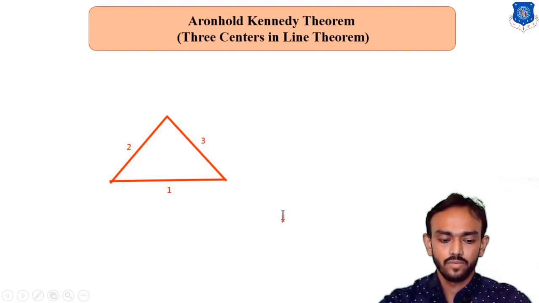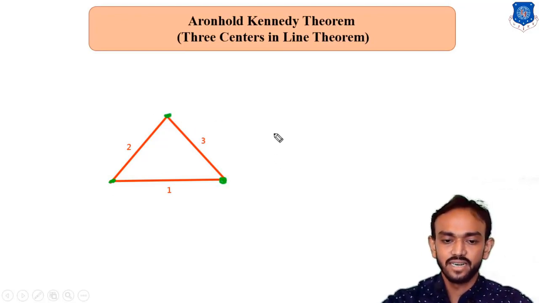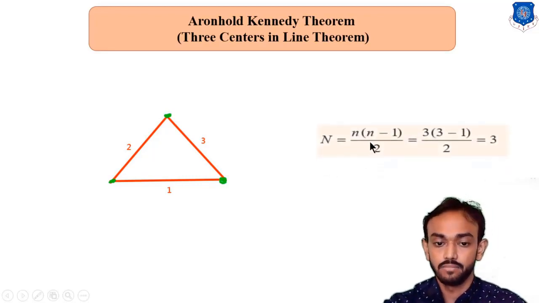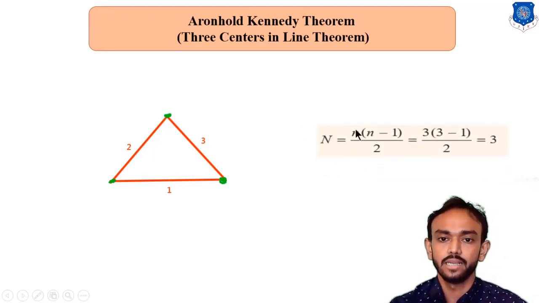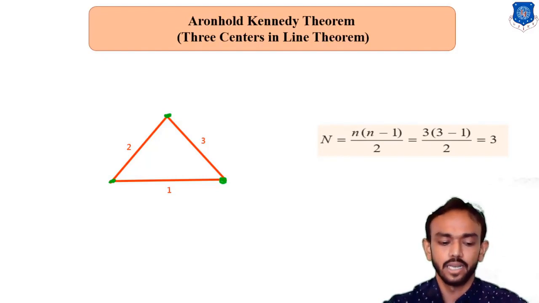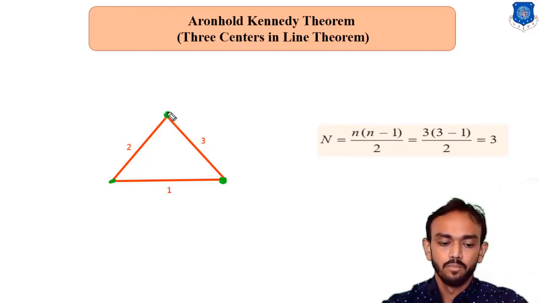You can locate the I centers here, where the connections are: this is I12, this is I13, and this will be I23. You will find 3 I centers, because 3 links are there, and the number of I centers is equal to the number of links into n-1 by 2. So you will find 3 I centers, and you have already located those 3 I centers here.